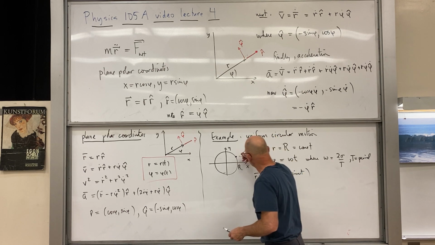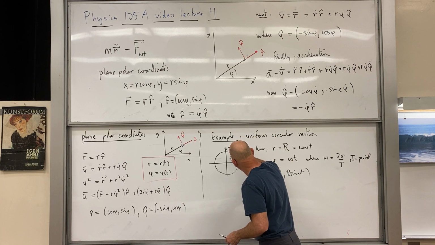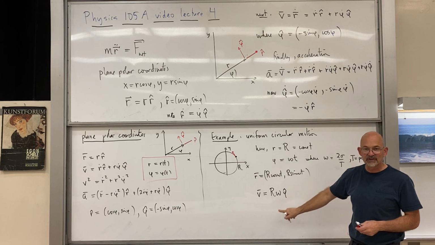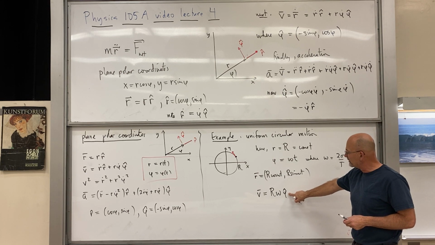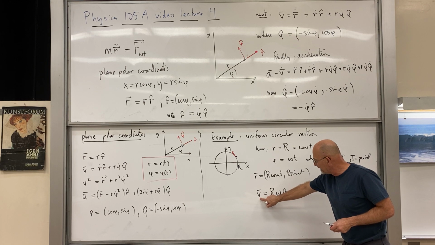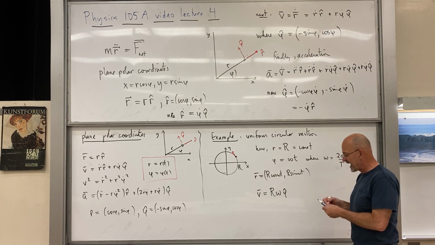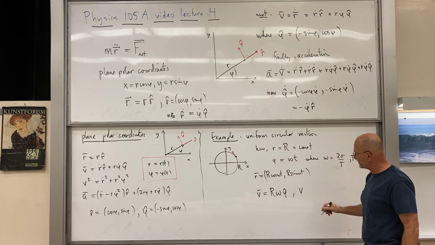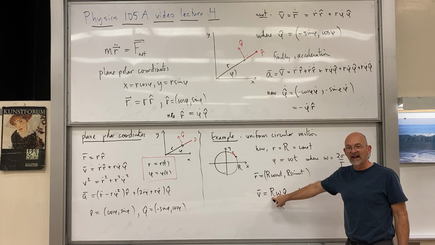So at some point here, our velocity is, of course, always tangent to the circle. Phi hat is tangent to the circle and is a unit vector. So the velocity is R omega phi hat. Its magnitude is just R omega.